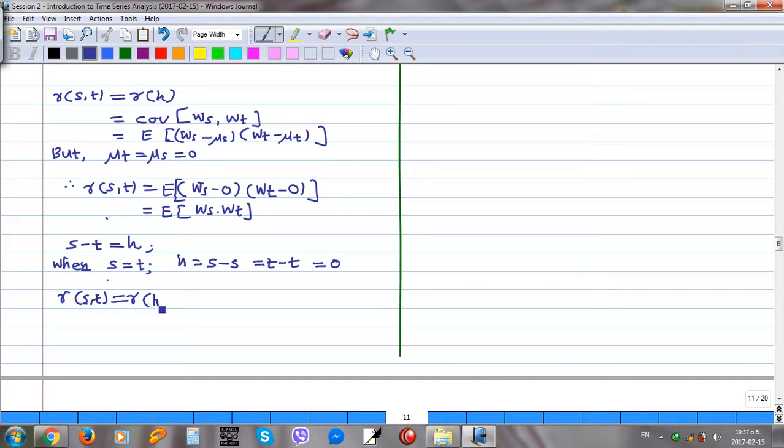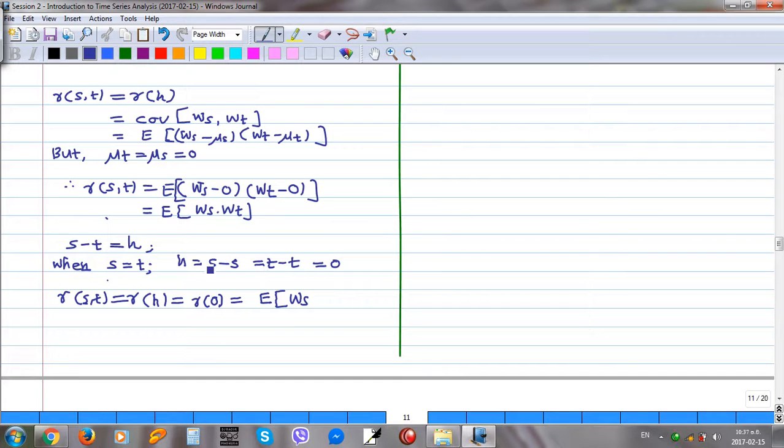Gamma h, then h equals 0, then gamma 0 equals E of w s w t.